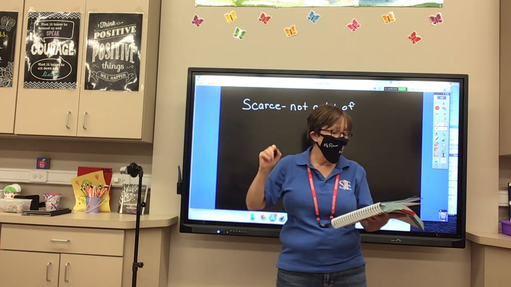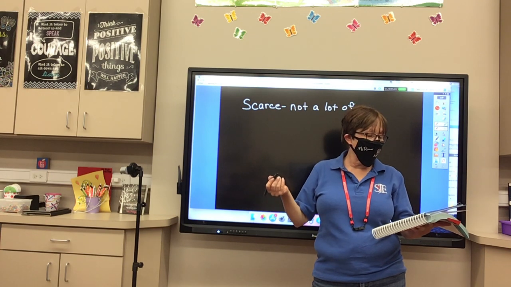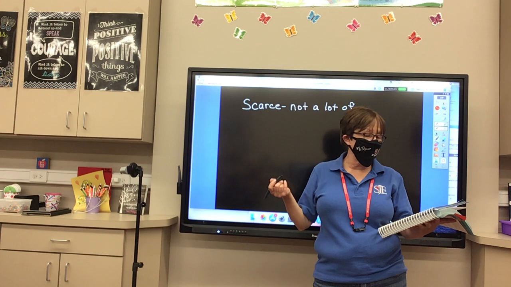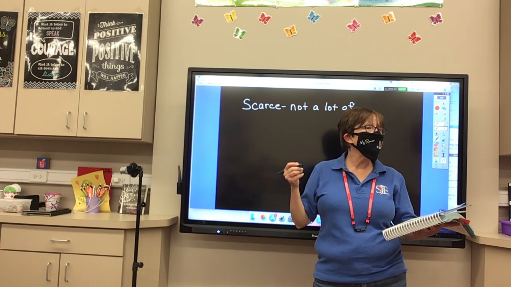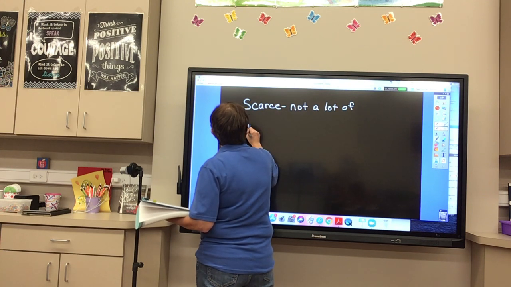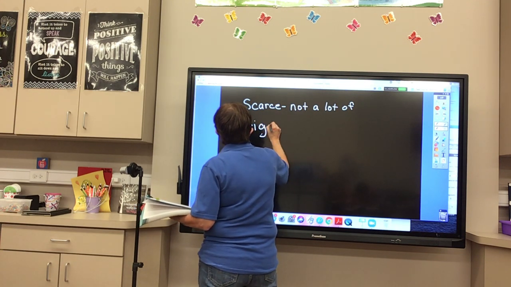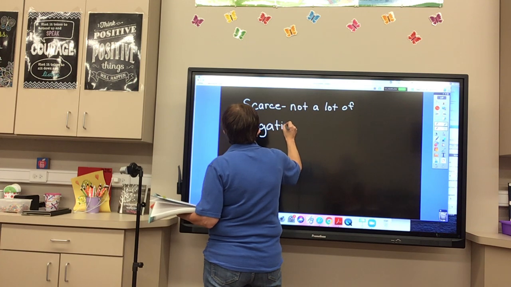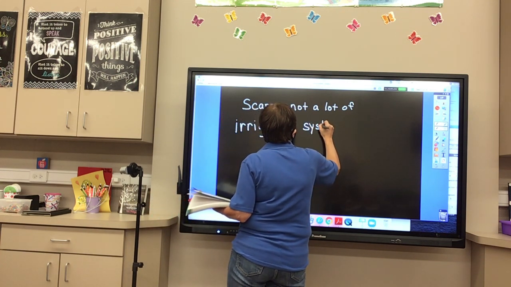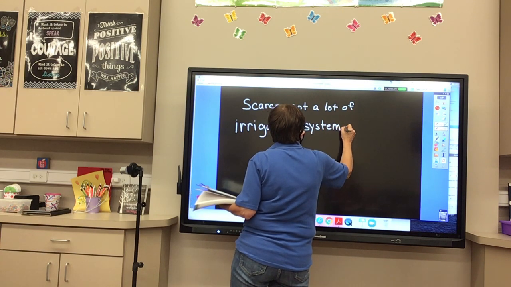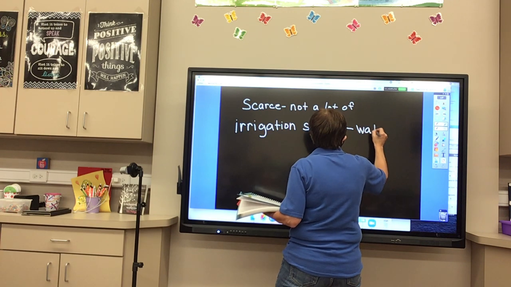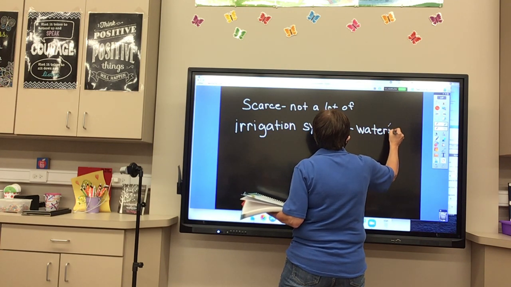So when rain is scarce or there's not a lot of water, people often use irrigation systems. Below are some of these watering systems. So an irrigation system is a watering system. A way to get water.